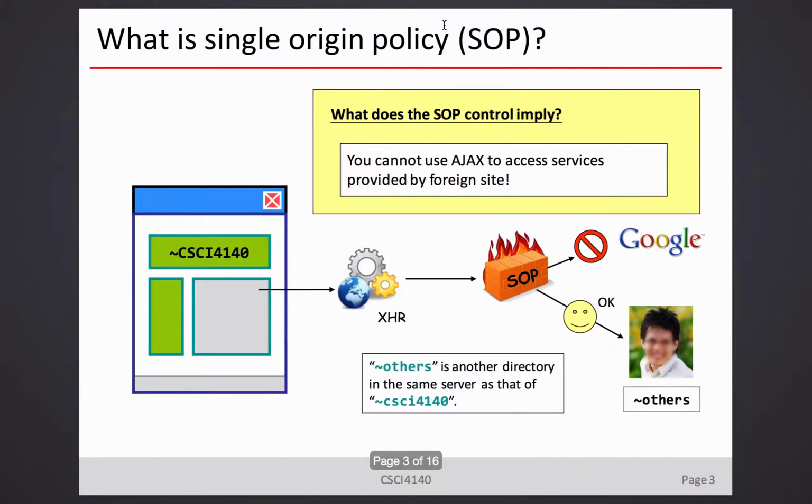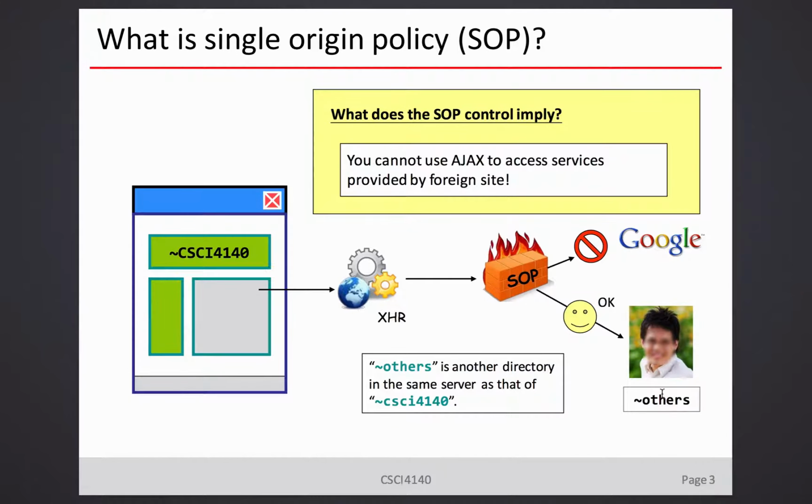So what is the same origin policy? Let's say this is the 140 page, and it wants to use JavaScript to display something foreign from this server. SOP will take some control.